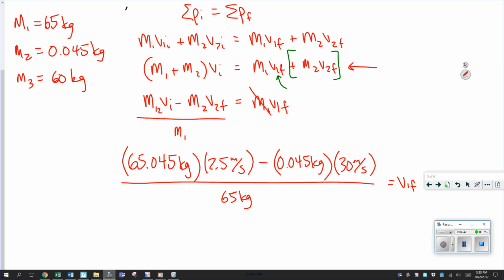Boom, look at how quickly I wrote that. I wrote the substitution in of all those values in there. Notice, here's our mass of the combined person-snowball system. Here's the speed the system was moving at. Here's the speed of the snowball relative to the Earth. Here's only dividing by the first person's mass, and you get what you get.